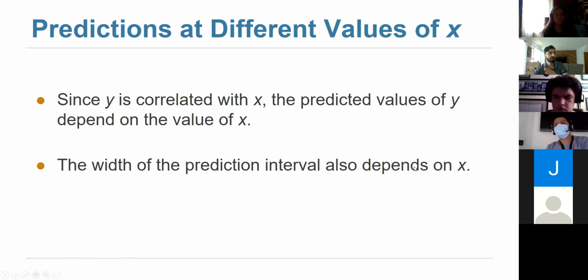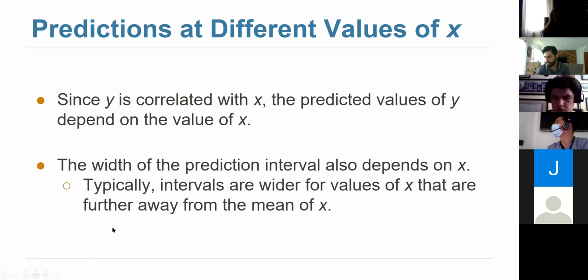We saw that if we go to the part where there is not much data, we don't get a good, precise prediction for our y value. So typically intervals are wider for values of x that are further away from the mean of x, as we already saw in those examples.